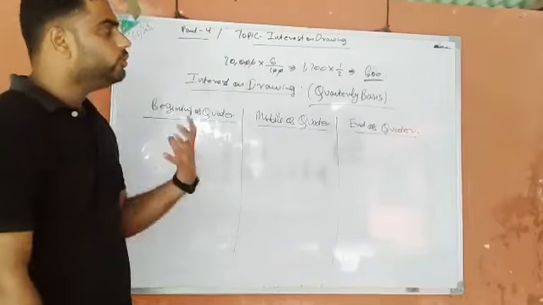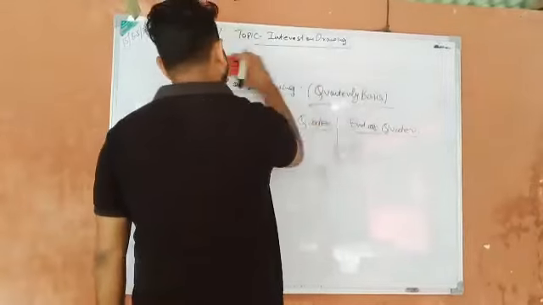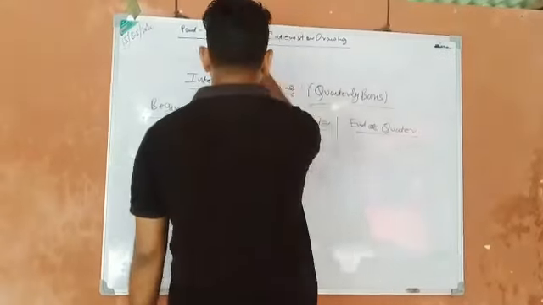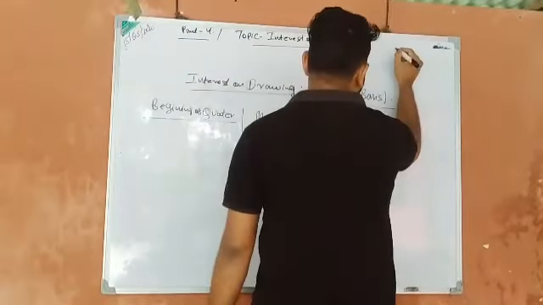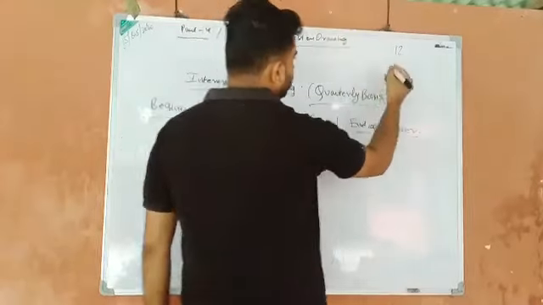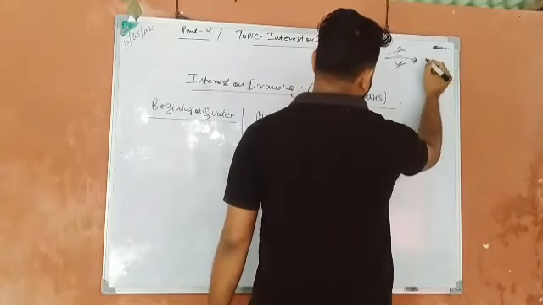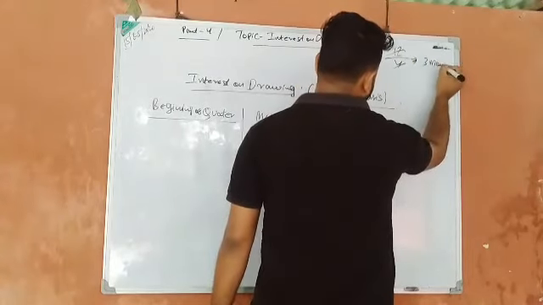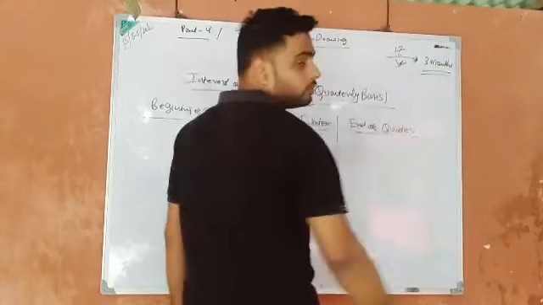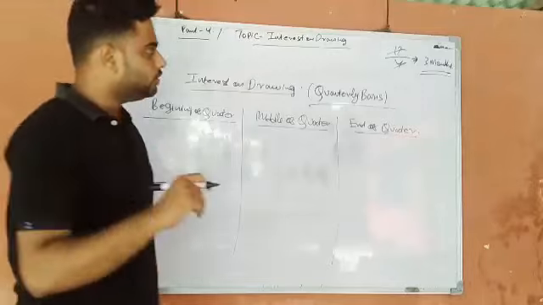So if I want to divide the calendar, how many months are there? 12 months are there. If I want to divide the 12 months in 4 parts, every part is going to consist of how many months? 3 months. So in every quarter there will be 3 months. Just remember this.